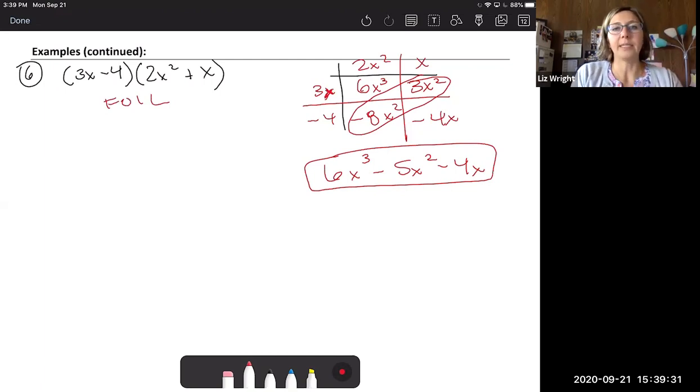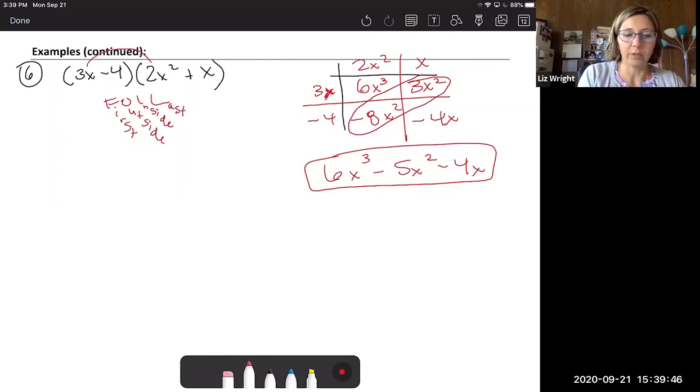And FOIL again means F is for first terms, and then outside terms, and then inside terms, and then last terms.